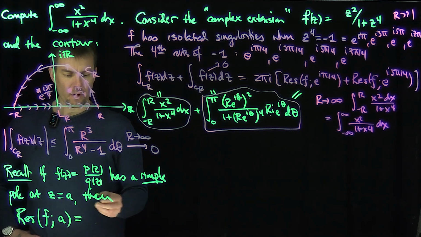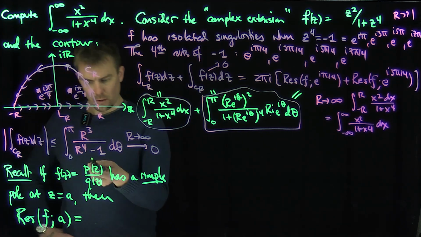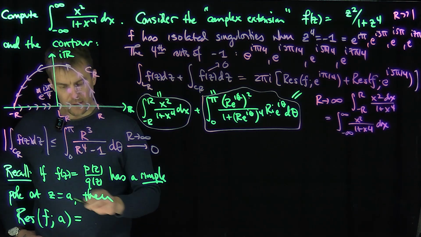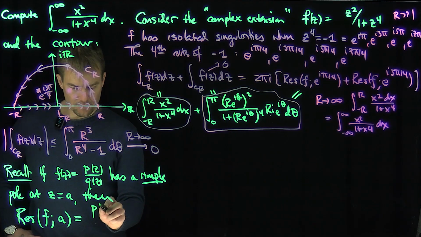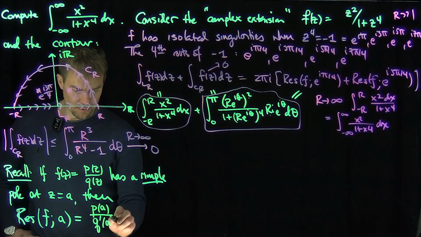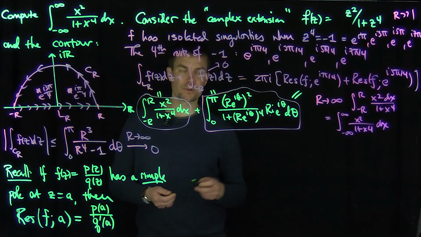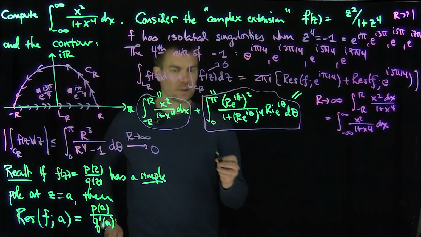Well, if it's a simple pole, that means that q is 0 at a and p is not 0 at a, right? So in other words, this is going to be p of a, the first term of the Taylor expansion, over the first non-zero term, q prime of a. That's a very, very useful formula because now we're able to do these residues. So let's compute these residues now.